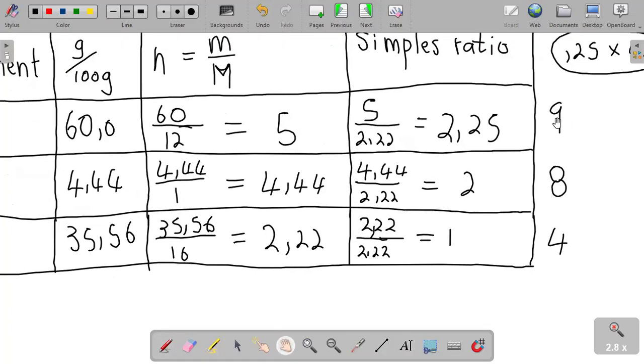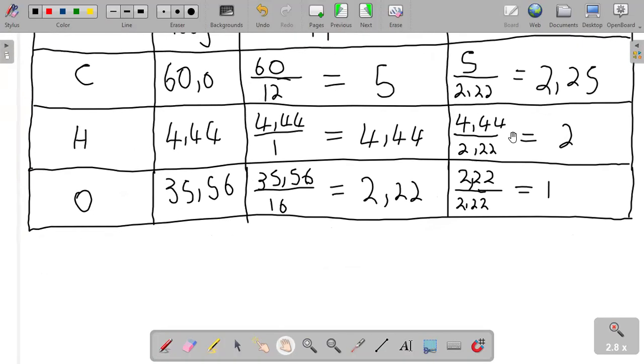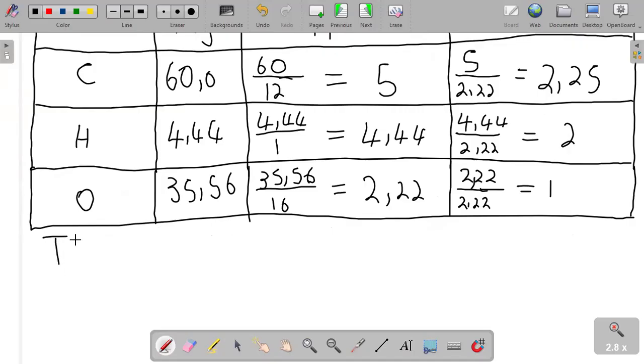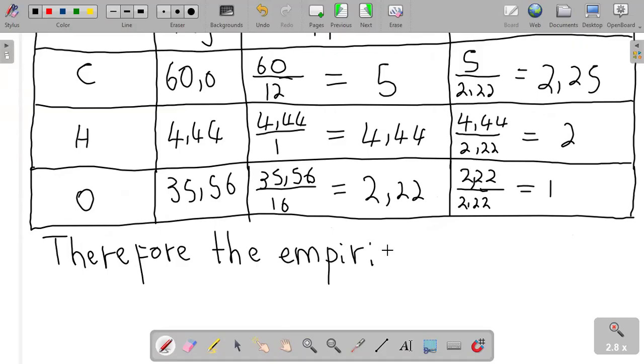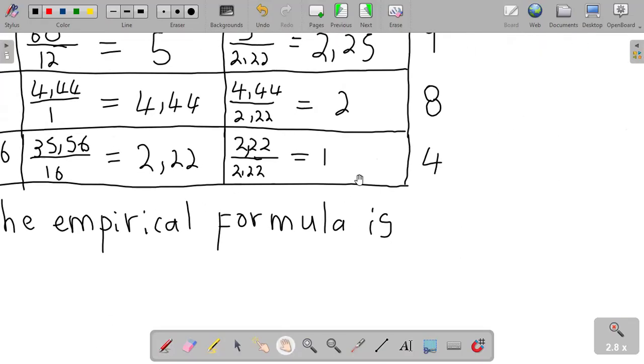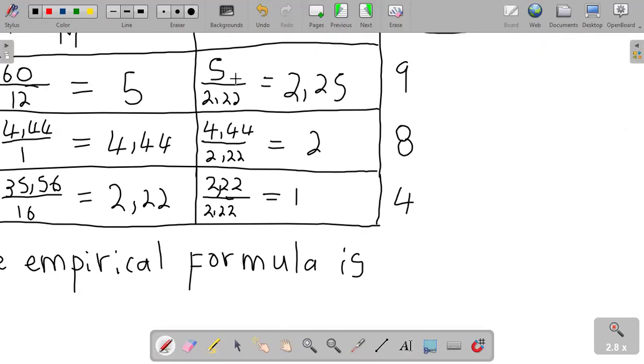So now the ratio becomes outside the table. It means therefore, the empirical formula is C9H8O4.